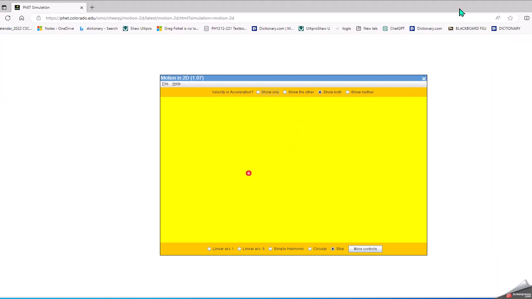Once you start the application, you will see this. There's a dot, and as we discussed in class, your hand applies a force. And what is the force? You're right, push and pull. So your hands, you grab the ball, pull and push.